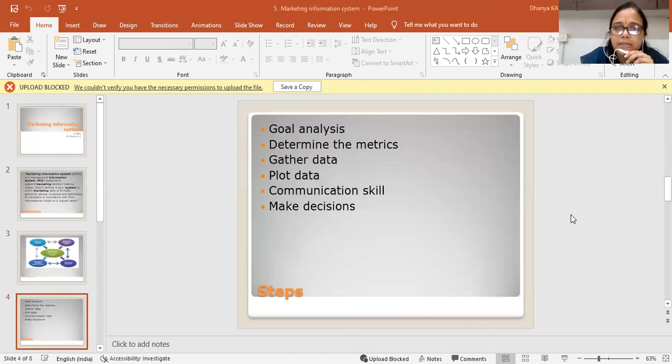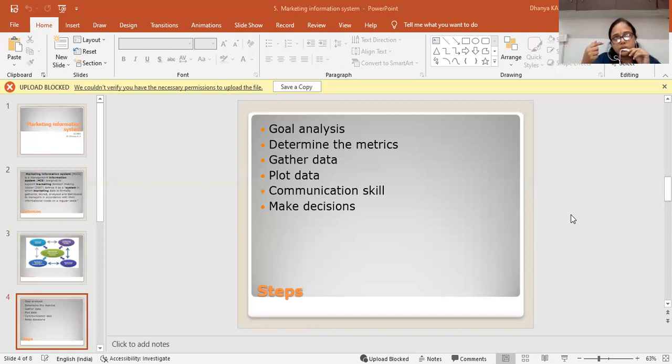The steps involved in marketing information system: first, you have to analyze the goal, or the expected outcome, and determine the metrics which will help. Metrics means the variables which will contribute towards the goal.